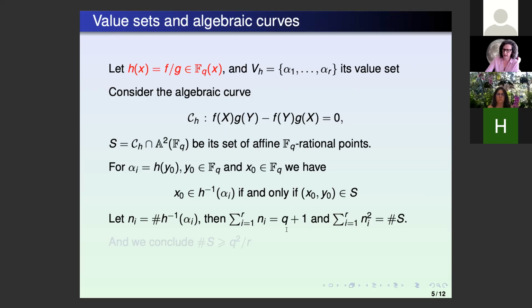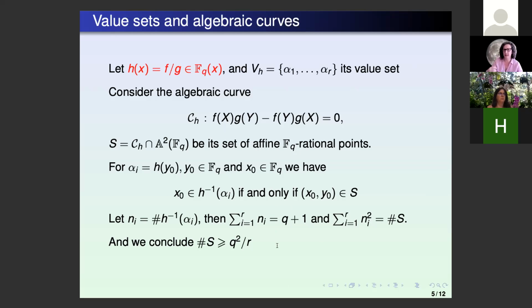From this, we can conclude that the number of affine rational points on your curve has to be larger or equal than q squared over r.